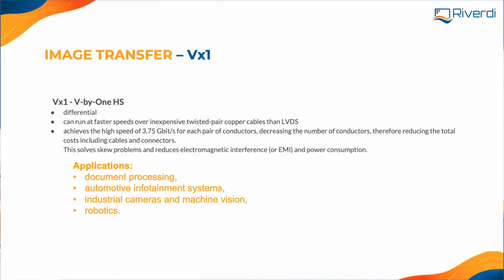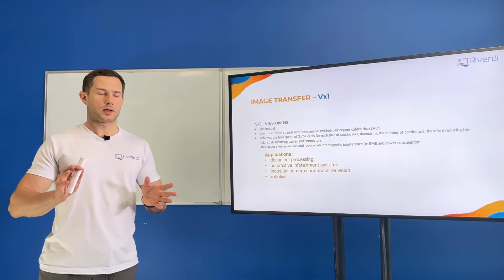Then we have the V-by-One interface. It's not very common. It's a very high-speed interface, also an LVDS kind of interface like MIPI, so low voltage differential signaling. But V-by-One is usually used in high resolution, large screens.